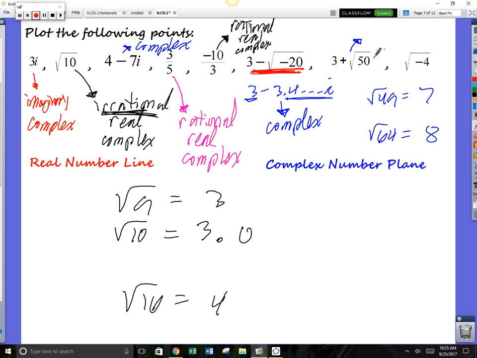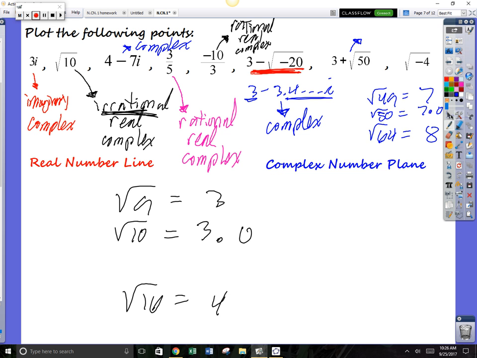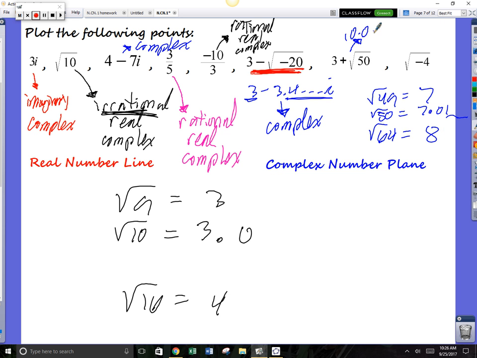So Cynthia, square root of 50 is a lot closer to square root of 49. So if you got to guess a number for square root of 50, what's your number? 7.2 or 7.1. That's a good guess. Now, this is going to go on forever. 7.01 blah blah blah plus 3 is going to be like 10.01 blah blah blah.